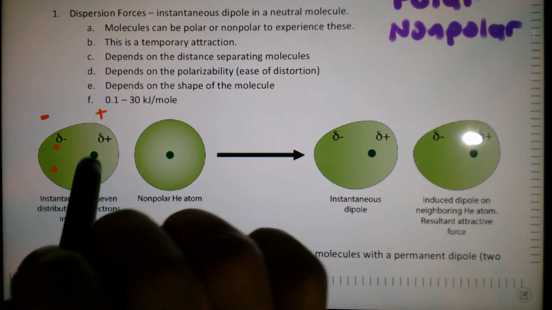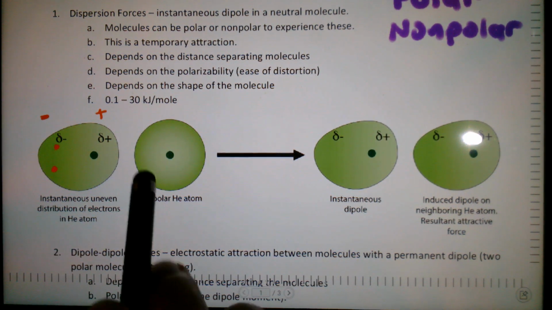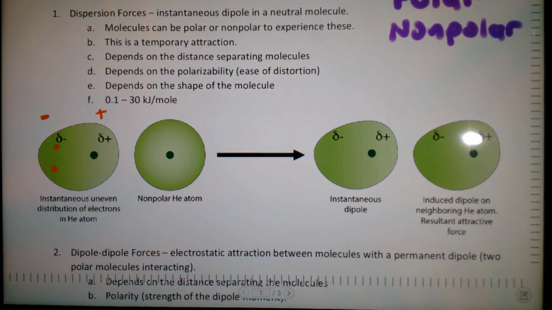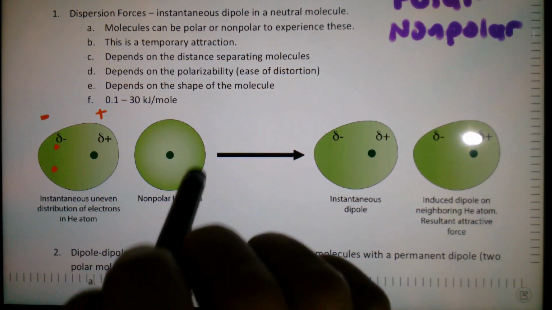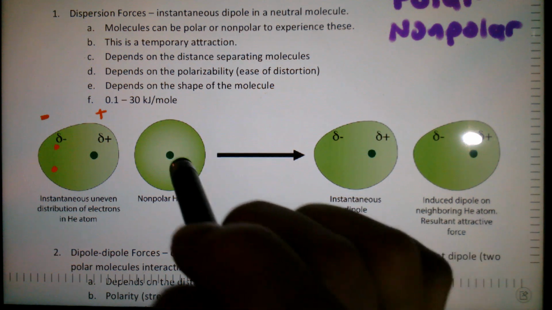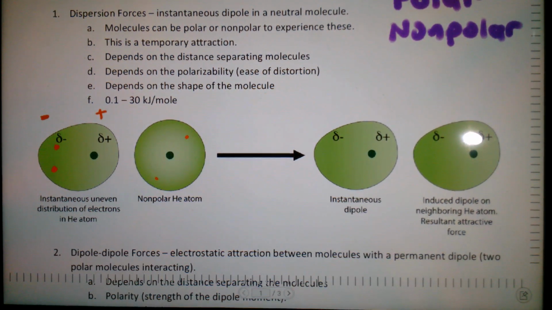And that's what we have here. So as this gets close to this helium atom that's nonpolar, that has its electrons evenly spaced, it's going to push these electrons around or move these electrons. So let's say we have an electron on each side of the atom.